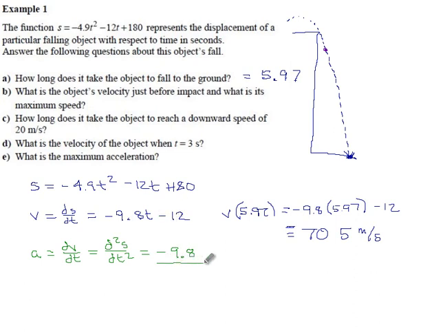So what this tells us is the acceleration of a falling object doesn't depend on anything. It's simply minus 9.8. And if you've taken some physics, you'll recognize this number. This is like Earth's gravity rating. It's a measure of how strong Earth's gravity is.